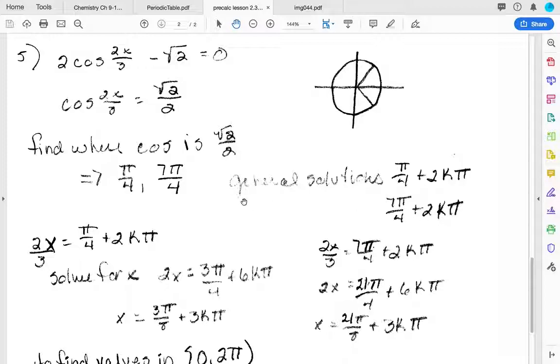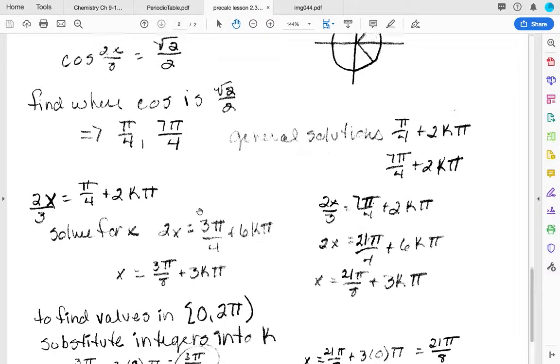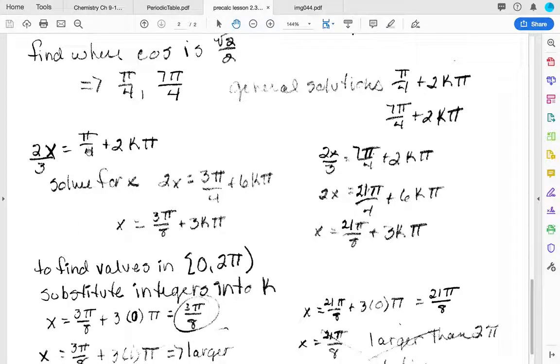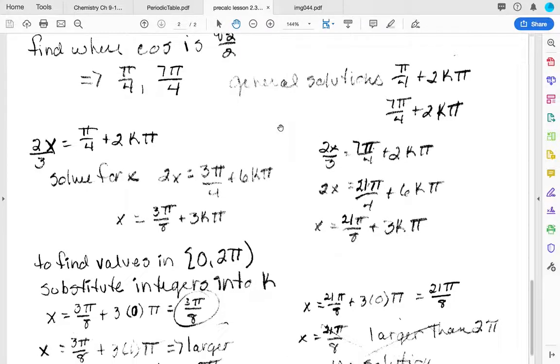Now what we're going to do is consider our 2x over 3, because this is just where the cosine is square root of 2 over 2. So now I take these general solutions, pi over 4 plus 2k pi, set it equal to my 2x over 3, and I take the other general solution, 7 pi over 4 plus 2k pi, and set it equal to 2x over 3. And I'm going to solve each one for x.